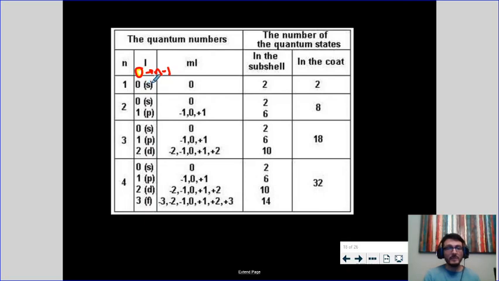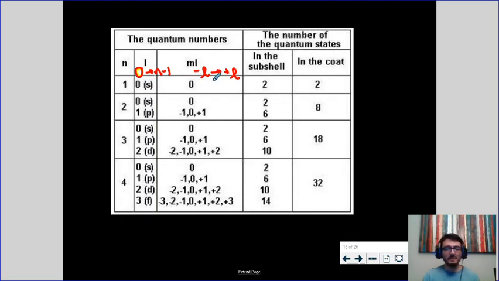It only has 1. Then for your ML number, now your ML number refers to negative L to positive L. Okay, going back to your L values, if it's 0, it's negative 0 to positive 0, which really just means 0, just one orientation.